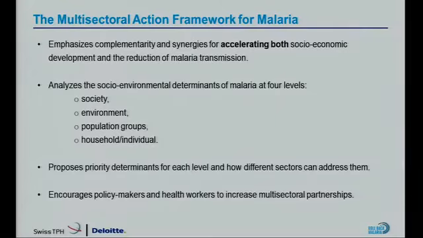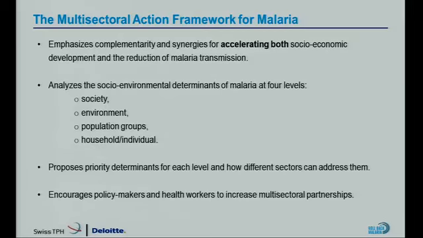So what is the multi-sectoral action framework for malaria? What's the content of the document? Well, it was written to emphasize synergies for accelerating both socioeconomic development as well as the reduction of malaria transmission. It analyzes socio-environmental determinants of malaria at 4 levels: society, environment, population groups at risk, and finally the lower level, household and individual level.